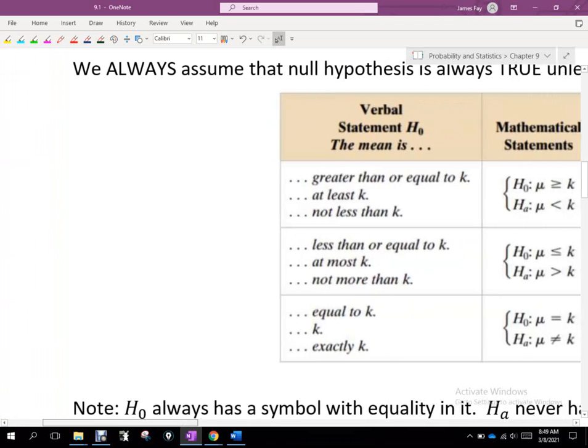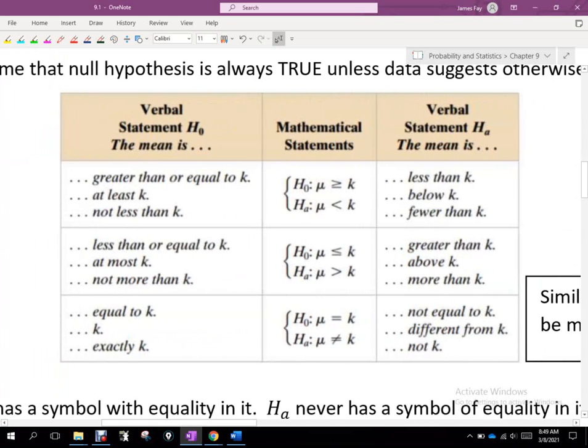Coming over here, you can see all the different ways that we could write it. It says greater than or equal to. So the verbal statement for H sub 0 says the mean is, and that's what you're going to see people talk about in these scenarios.